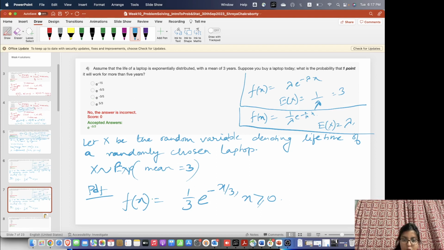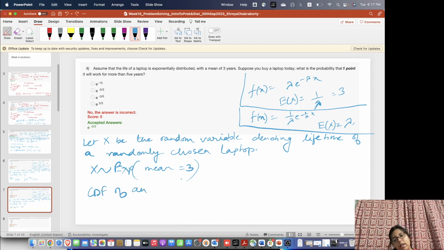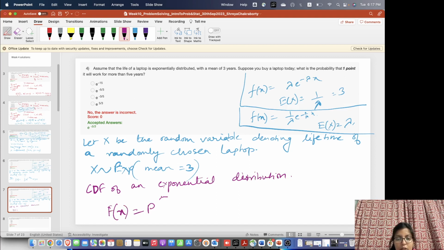If you remember, the CDF of an exponential distribution is given by F(x) equal to probability capital X less than or equal to small x, which is 1 minus e to the power minus lambda x.